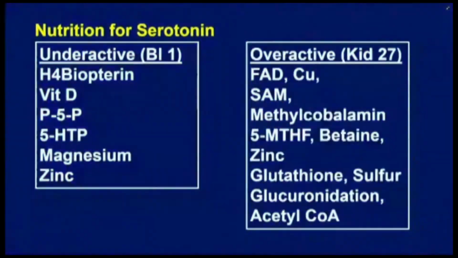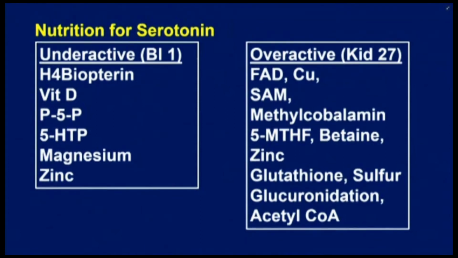So key nutrients for serotonin to build it up: tetrahydrobiopterin, vitamin D, pyridoxal 5-phosphate. And here we've added 5-hydroxytryptophan, 5-HTP, as a compound halfway in the synthesis of making serotonin.